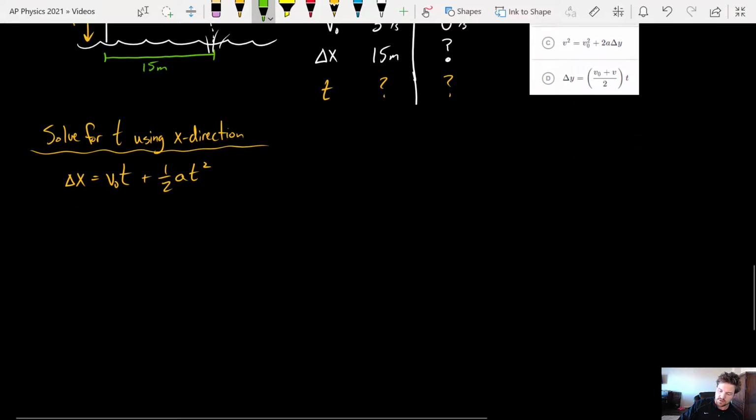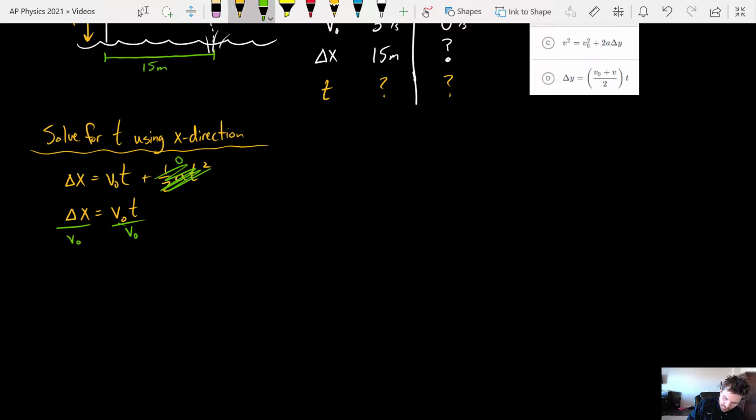So the acceleration is 0, and this whole chunk goes away. I'm left with a much simpler looking equation. And I do a little abracadabra. I divide both sides by v naught to get time, and so I'm left with these canceling.